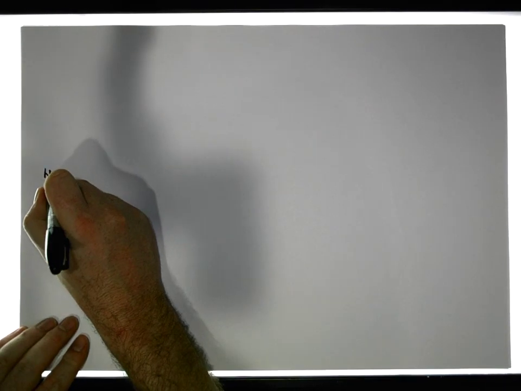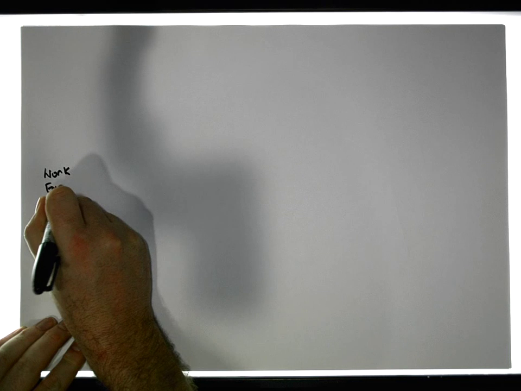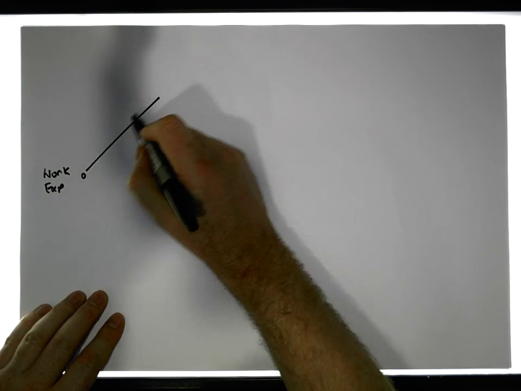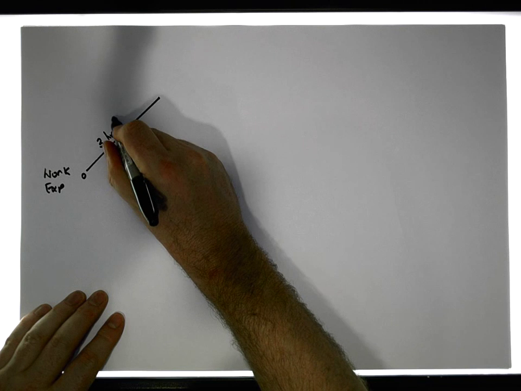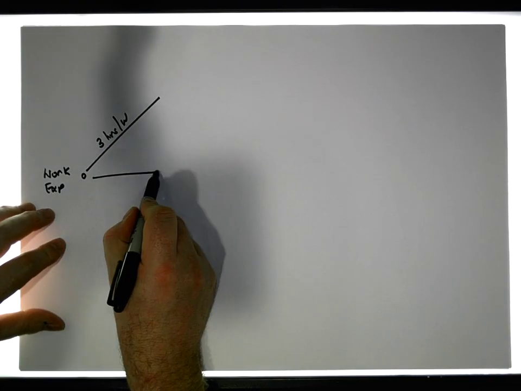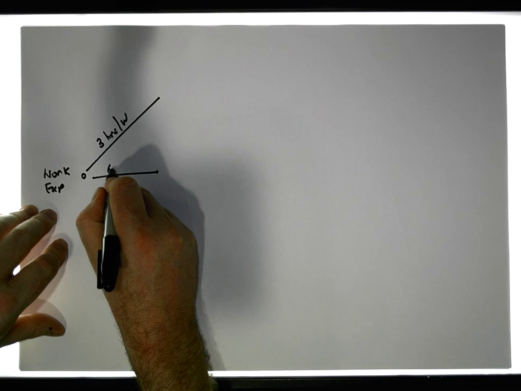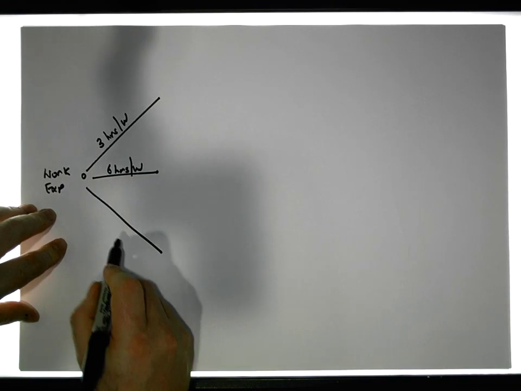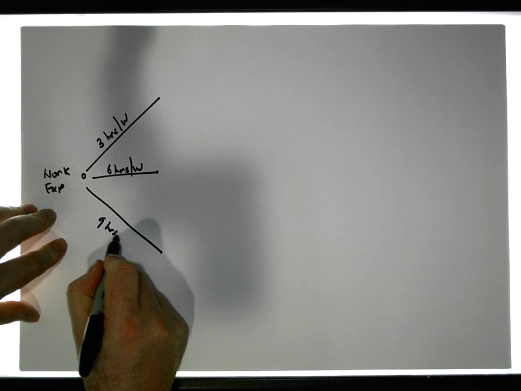Okay, so my work experience tree has 3 branches. So I have work experience, and there are 3 branches. I either do 3 hours work experience, I do 6 hours work, or I do 9 hours work.